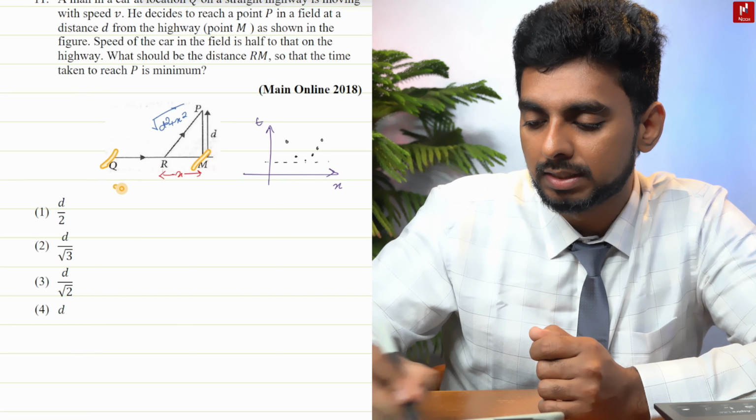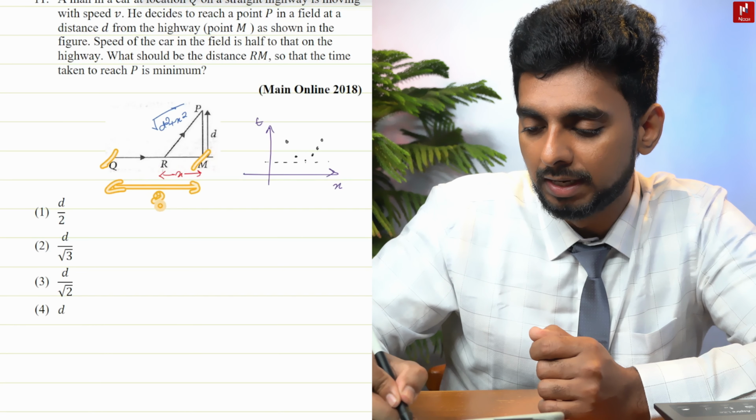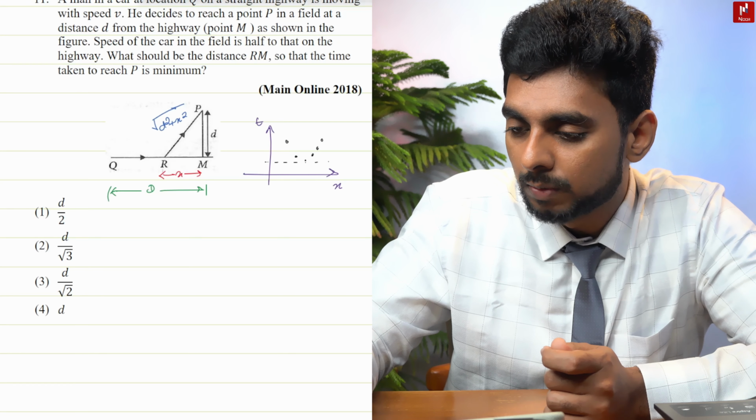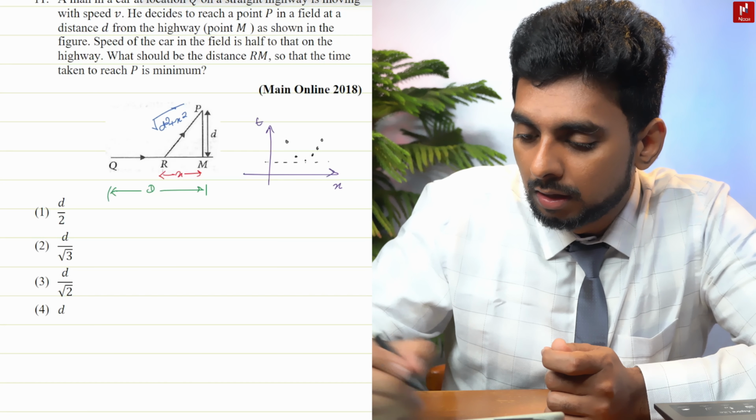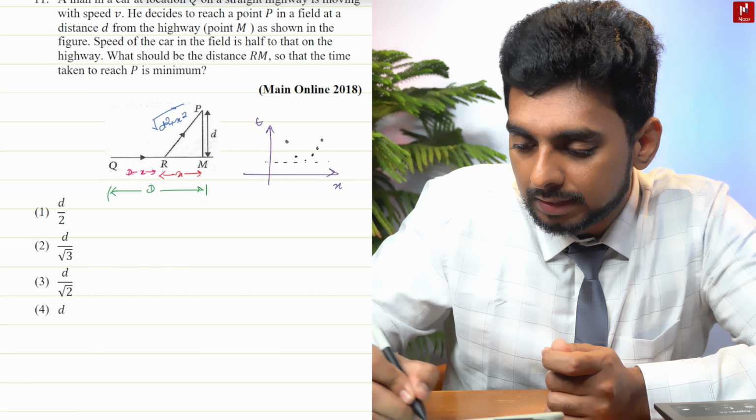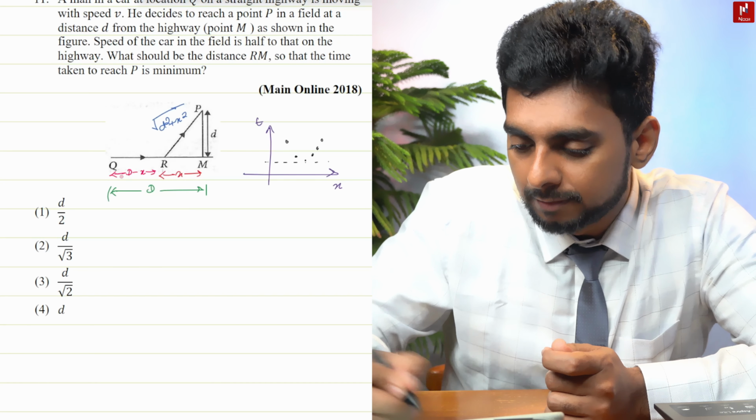So let me consider the total distance along the highway, with respect to this point P position perpendicularly, to be capital D. If this total distance is D, then this interval QR has to be equal to D minus x, right? Now I have got the distance that the vehicle has traveled on the highway, so that one is also done.